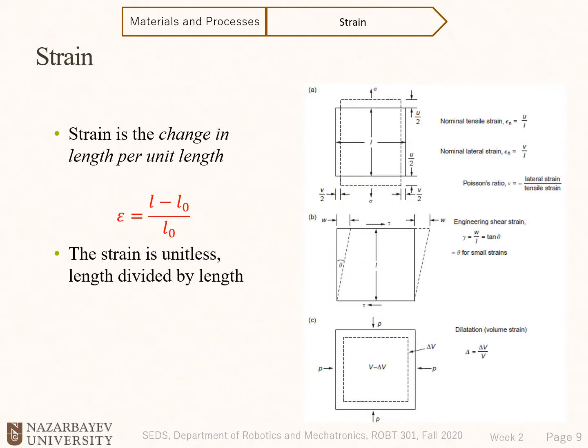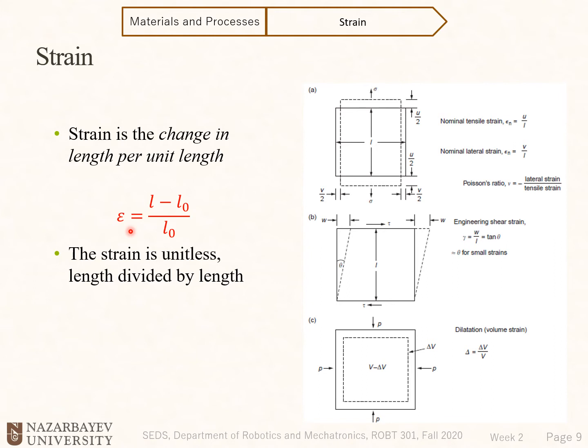But what is strain? Now we understand the definition of stress, but we don't yet know the definition of strain. We said that strain is derived from length change. Strain is the change in length per unit length. Across this book, we use epsilon to represent strain.